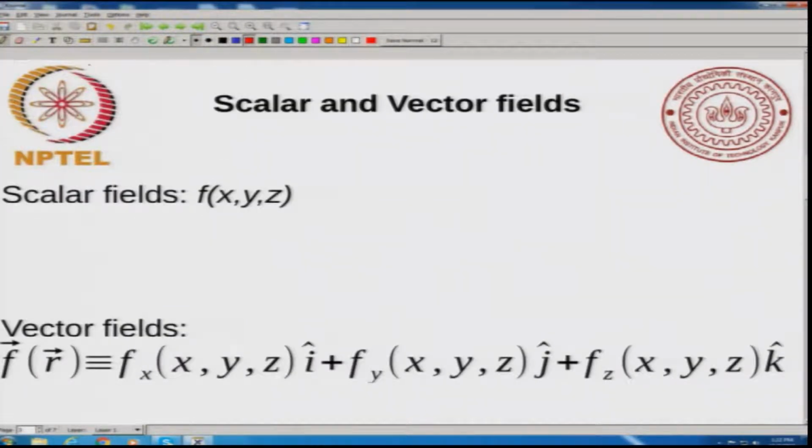That means you give x, y, z into the function, and what you get is a real number. Real number if it is a real function; if it is a complex function, you will get a complex number. But essentially you get a scalar.